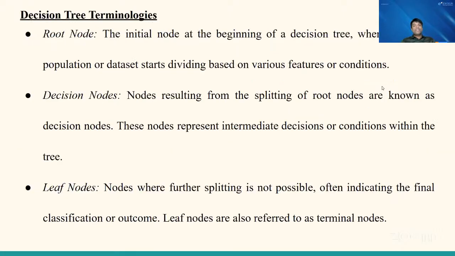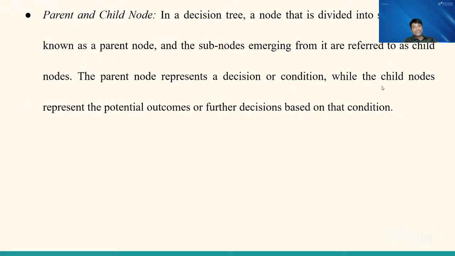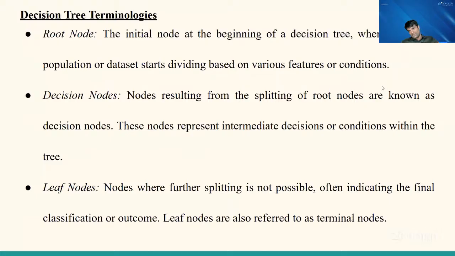Now let us see the terminology. By this time, you would already have understood what a root node, a decision node, and leaf or terminal nodes are from this picture. Let us try and understand even more in detail. The root node is where the tree actually starts to split.